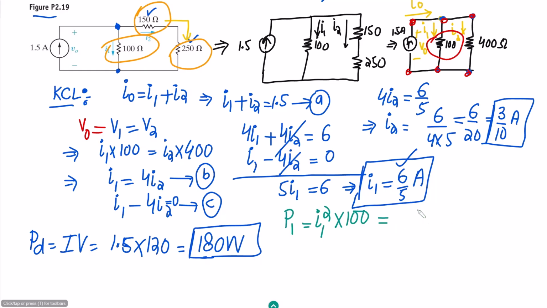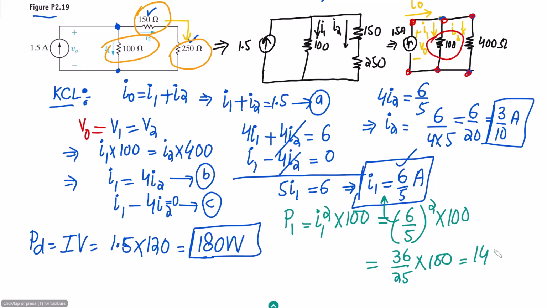The value of I1 is 6 by 5 whole square multiplied by 100. So it will be 36 divided by 25 multiplied by 100. So it will be 144 watts.